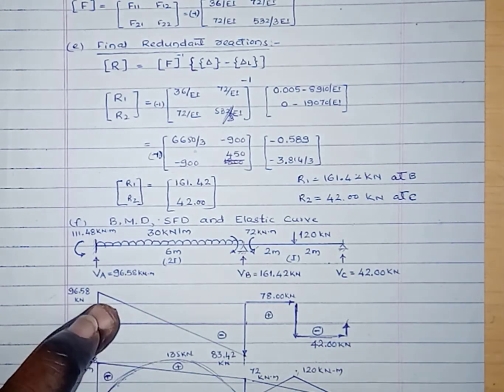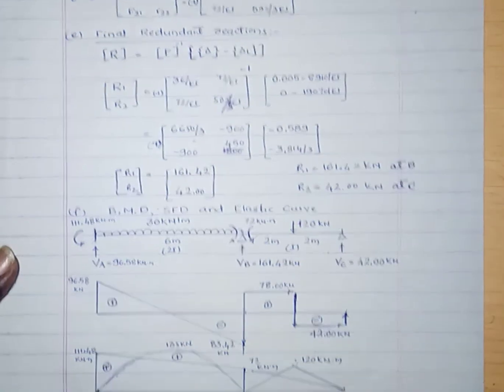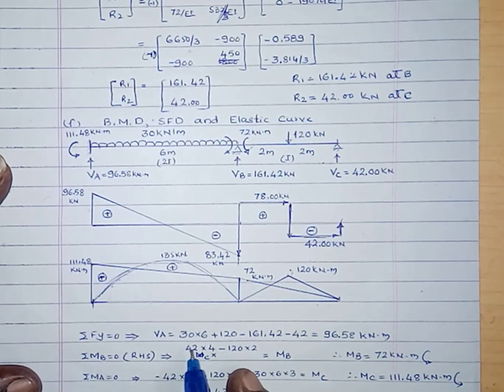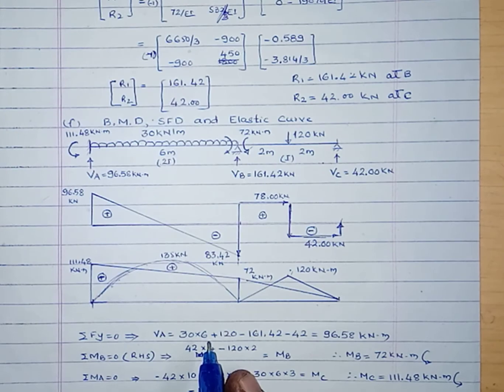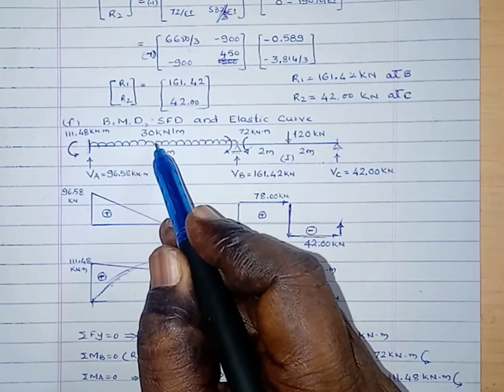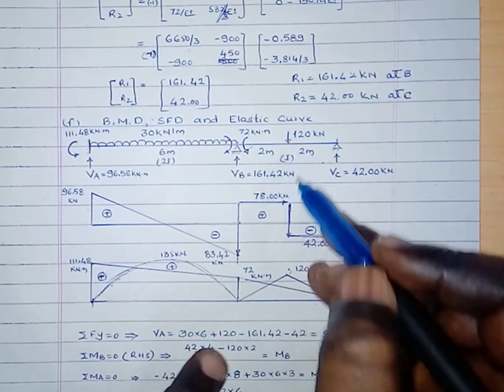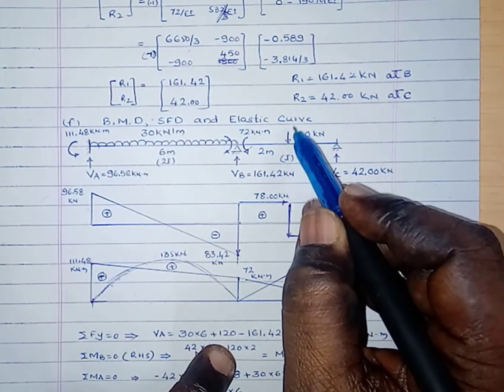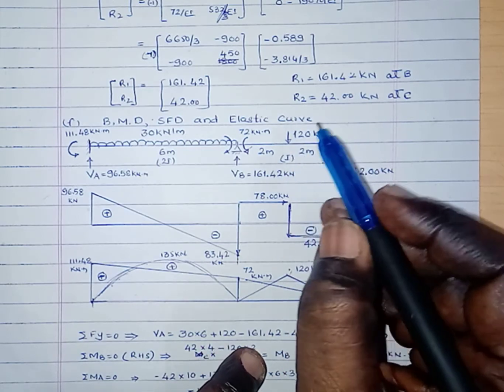By applying the equilibrium equation, summation of Fy equals 0, we can calculate the support reaction at A. Va equals 30 into 6, which is downward, and the 120 point load, which is also downward.